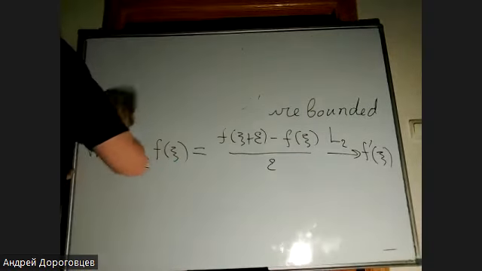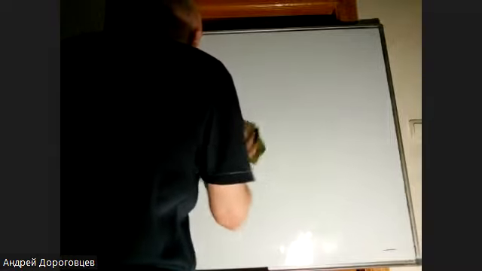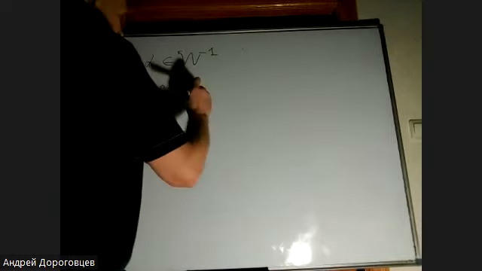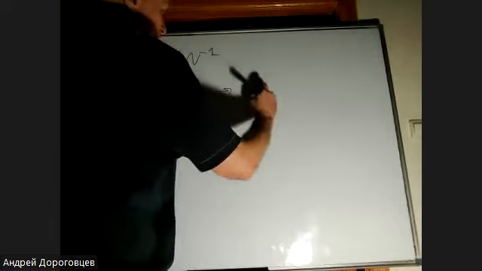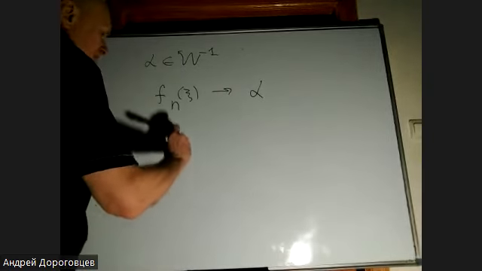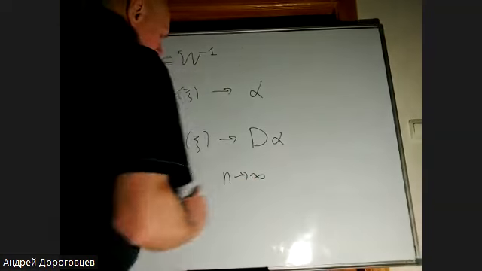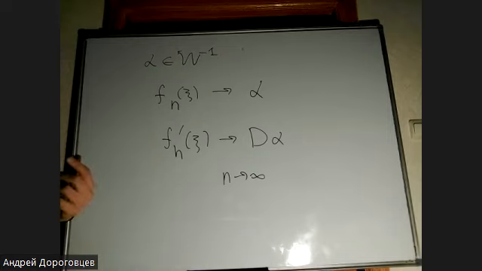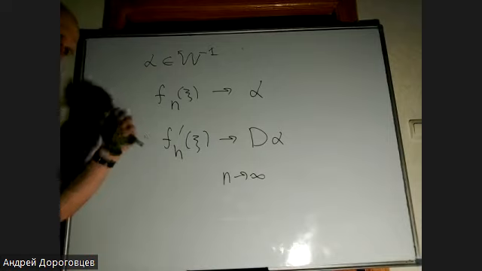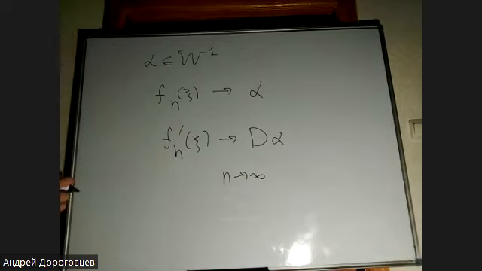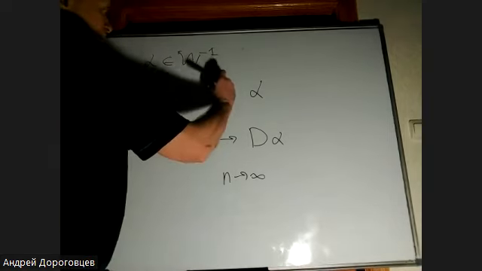One can recall that if alpha belongs to W1, then there exists a sequence of functions fn such that fn of psi converge to alpha and fn prime of psi converge to d alpha as n tends to infinity, where fn is continuously differentiable, such that fn and fn prime are bounded. Convergence is in the L2 sense.